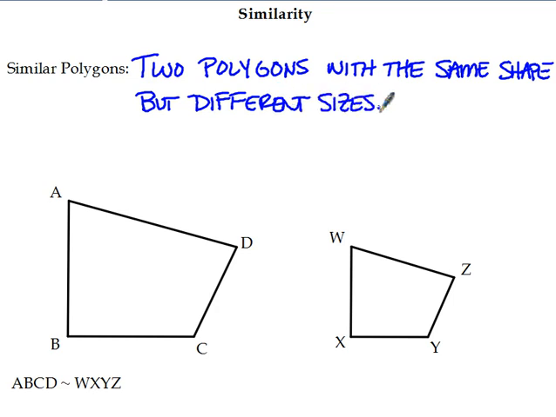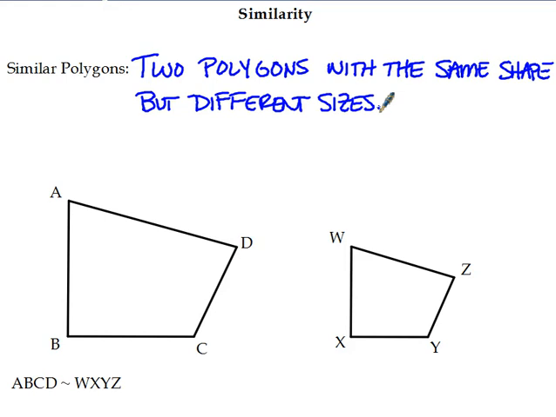Now when I say same shape, I don't just mean they're both triangles or they're both squares or they're both rectangles. I mean they have the exact same shape. So they have the identical shape to each other. So if they are two triangles, they still have to hold the same shape.